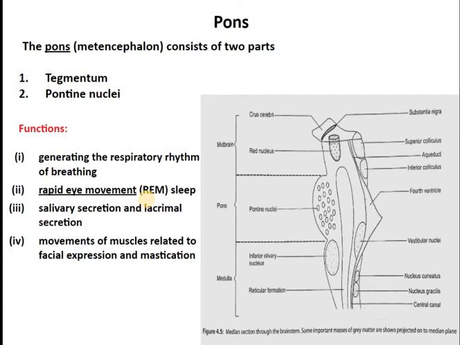Then it is responsible for salivary secretion. That means the pons regulates the secretion of saliva and the secretion of tears from the lacrimal gland. So these are the functions of the pons.